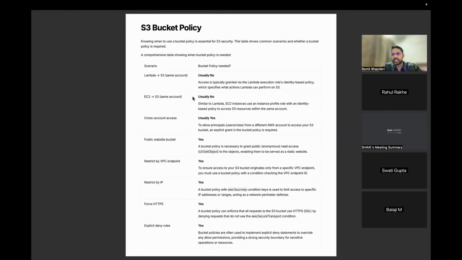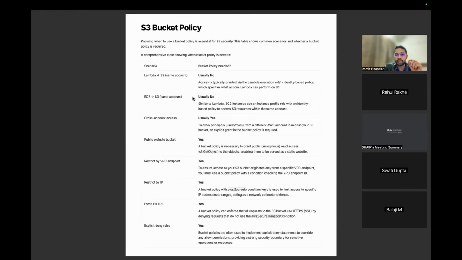This is also a kind of cheat sheet I have given. Quickly we will check it out. Lambda to S3 in the same account, do you need a bucket policy? No. EC2 to S3? No. Cross account access? Yes. Public website bucket? Obviously, if you are trying to access S3 from the internet, you need the bucket policy to provide access.